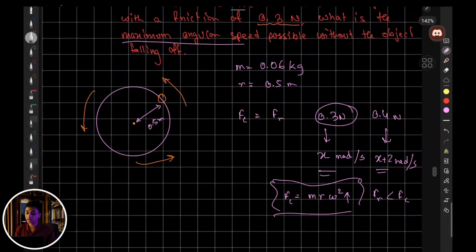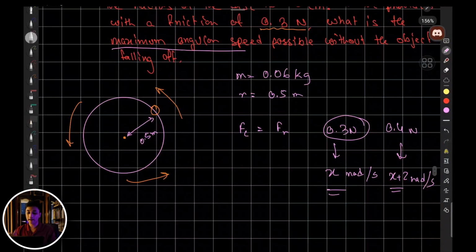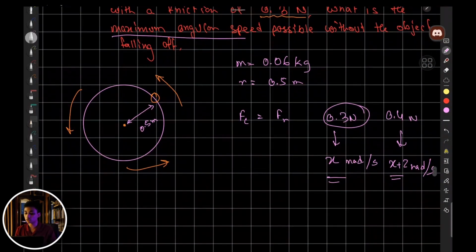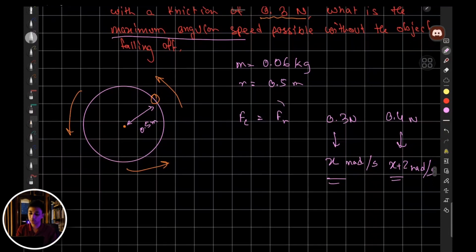Therefore, if we calculate for this example, we know that the maximum angular speed is going to relate to the maximum friction available on the surface. So we know the centripetal force is given by the friction force. So Fr is going to be m into r into omega square.